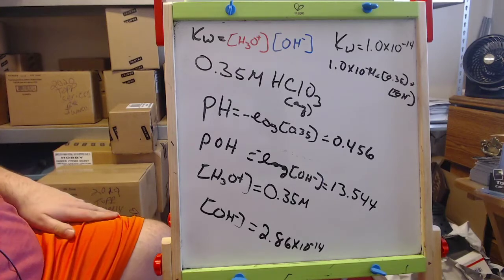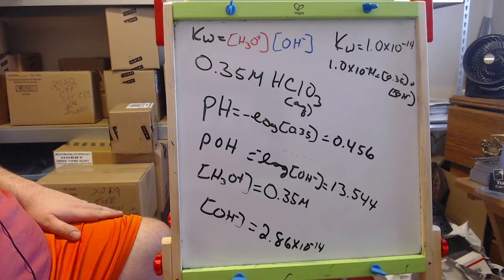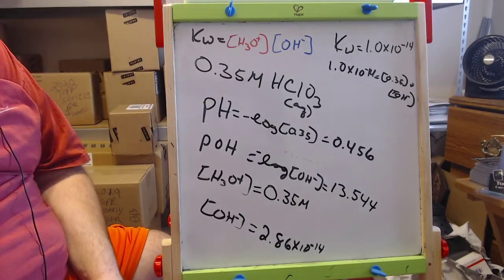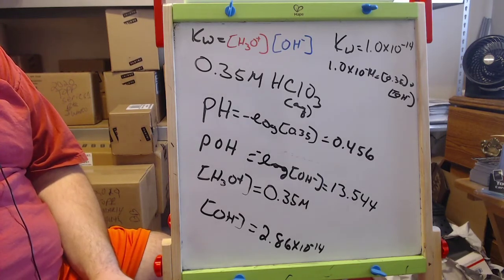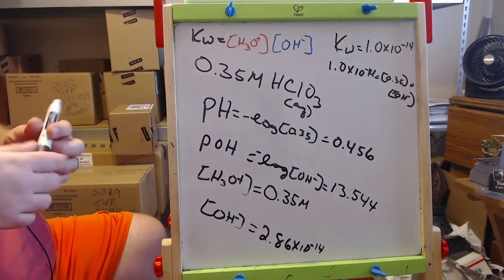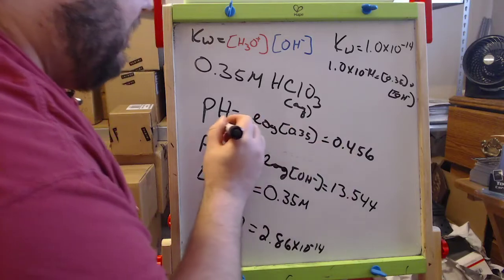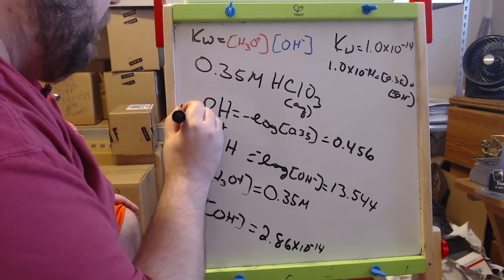Now, I want to point something out that'll make the math a little bit easier for you, in case you don't notice it. And here's where that 14 and everything comes into play. Now, you do it this way, you're going to get it right every time, but using a couple math tricks and negative logs and things like that, adding your pH and your pOH together should always equal 14.